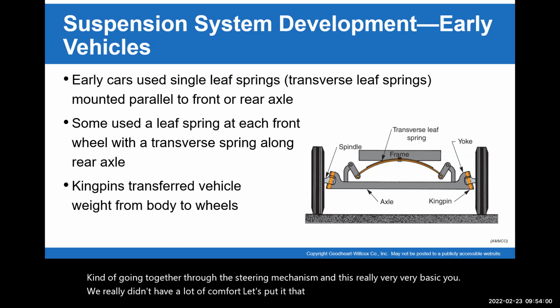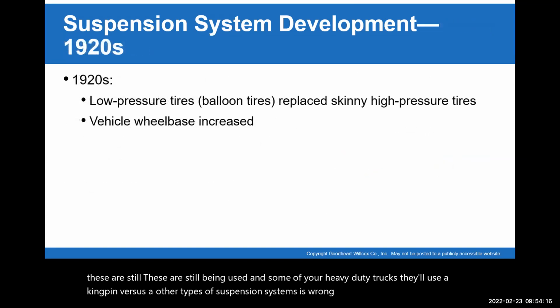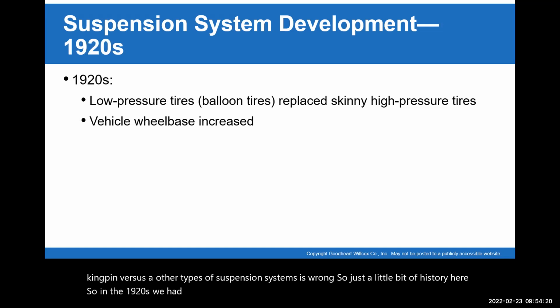And these are still being used in some of your heavy-duty trucks. They'll use a kingpin versus other types of suspension systems as we went on. So, just a little bit of history here. In the 1920s, we had low pressure tires.